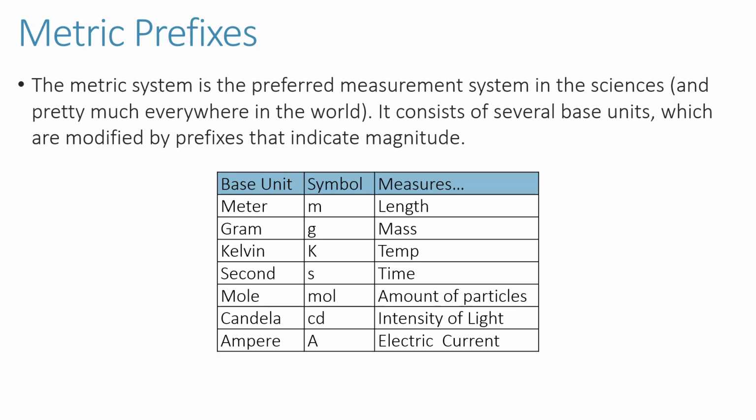modify the amount. So for example, I can measure distance in meters. If I want to measure a small distance, I could measure it in centimeters. If I wanted to measure a large distance, I could measure it in kilometers. But both are still meters.